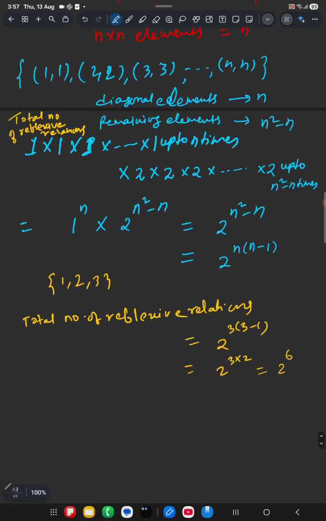Whatever the calculation is, you can write it separately. You can also see that these many relations will be 2 to the 4 to the 8 to the 16 to the 32 to the 64. So 64 reflexive relations will be there.